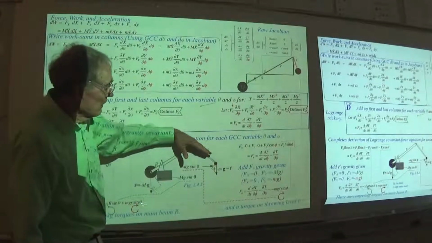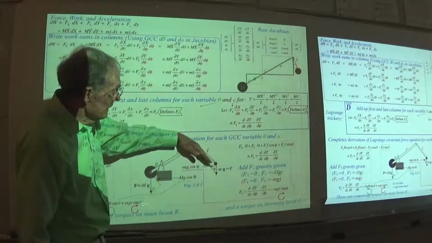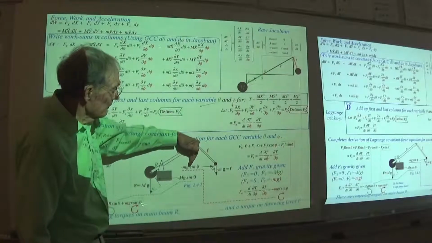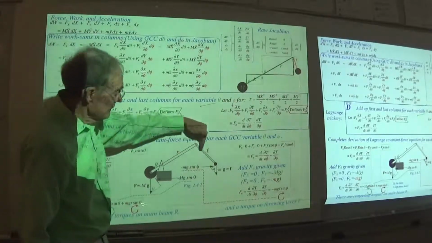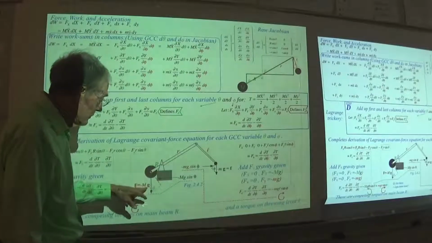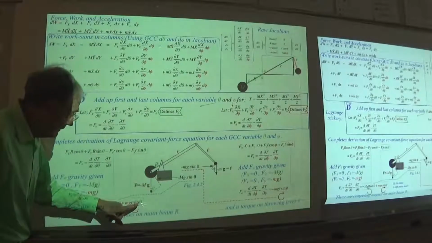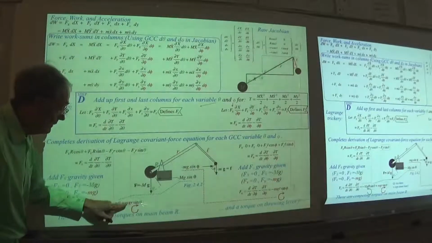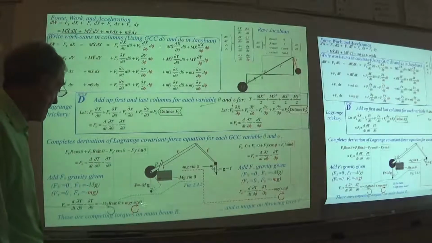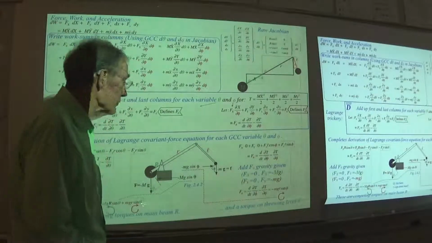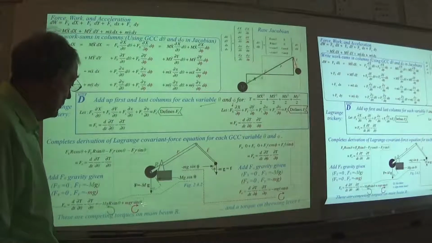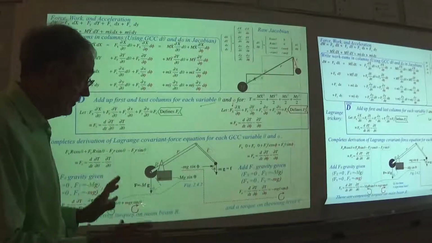It only depends on that angle right there, regardless of where this thing is. But this one needs to have an expression here, sine theta involves the little m as well. So that's it. Those are the Lagrange equations, the Lagrange force equations.